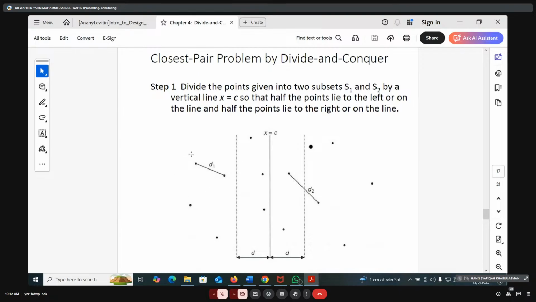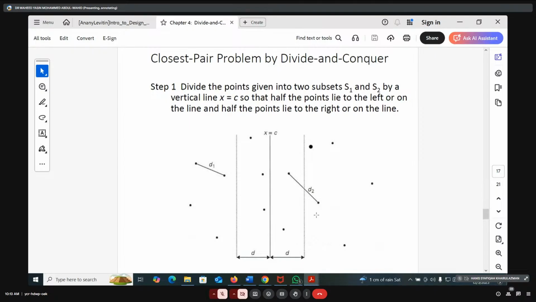We make the median in this, and recursively we make the median here, until we find the closest pair. So assume that D1 is the closest pair in this part, D2 is the closest pair in this part. So D1 is on the left side and D2 on the right side.